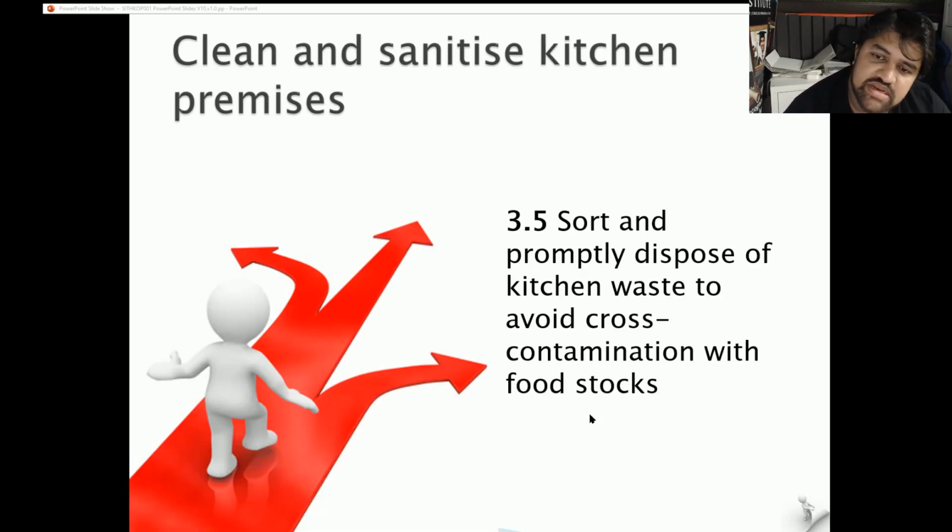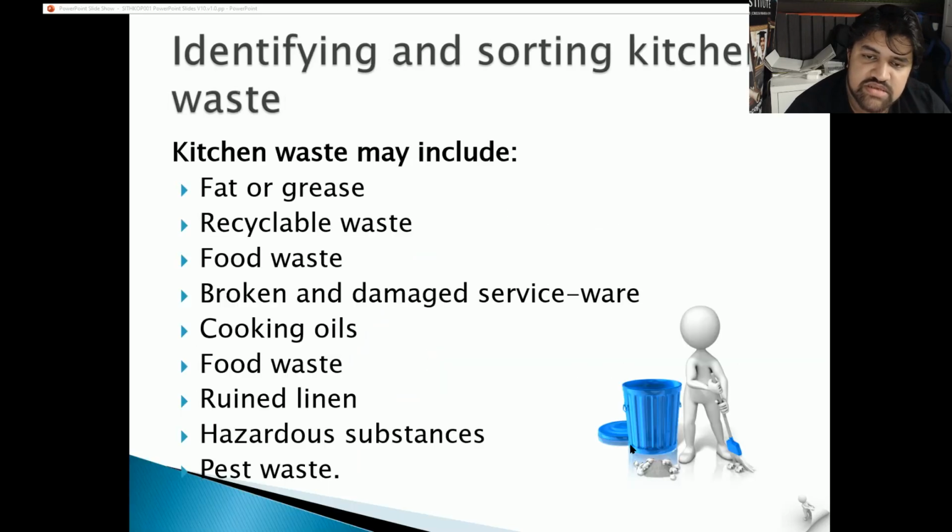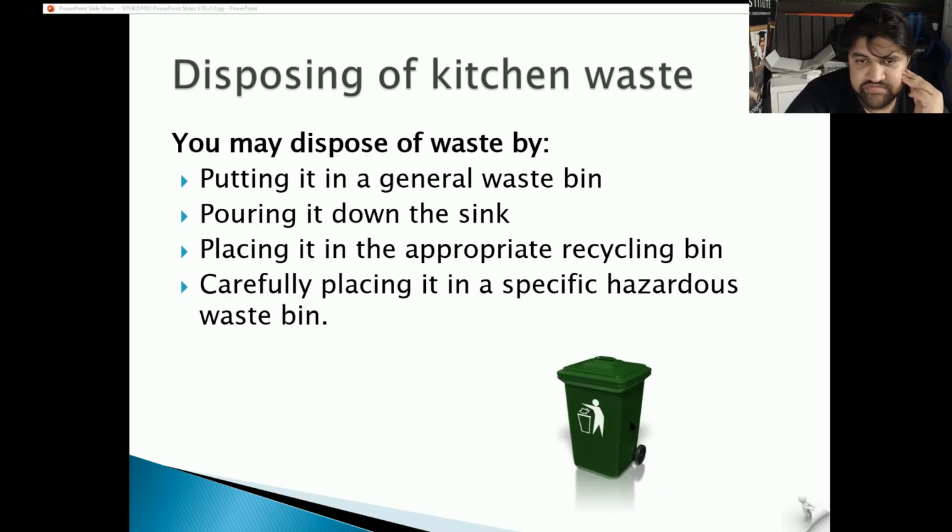3.5. Sort and promptly dispose of kitchen waste to avoid cross-contamination with food stocks. Kitchen waste may include fat or grease, recyclable waste, food waste, broken and damaged serviceware, cooking oils, ruined linen, hazardous substances, pest waste.